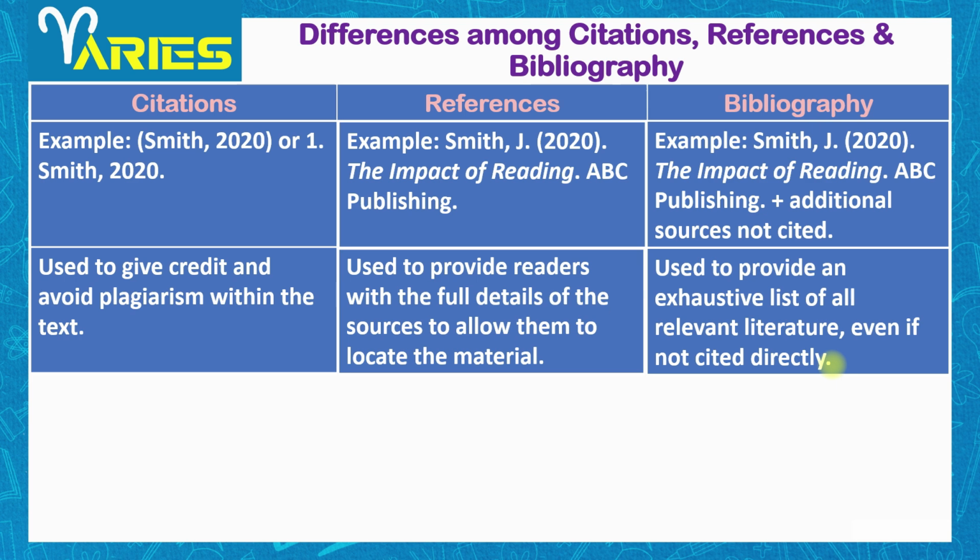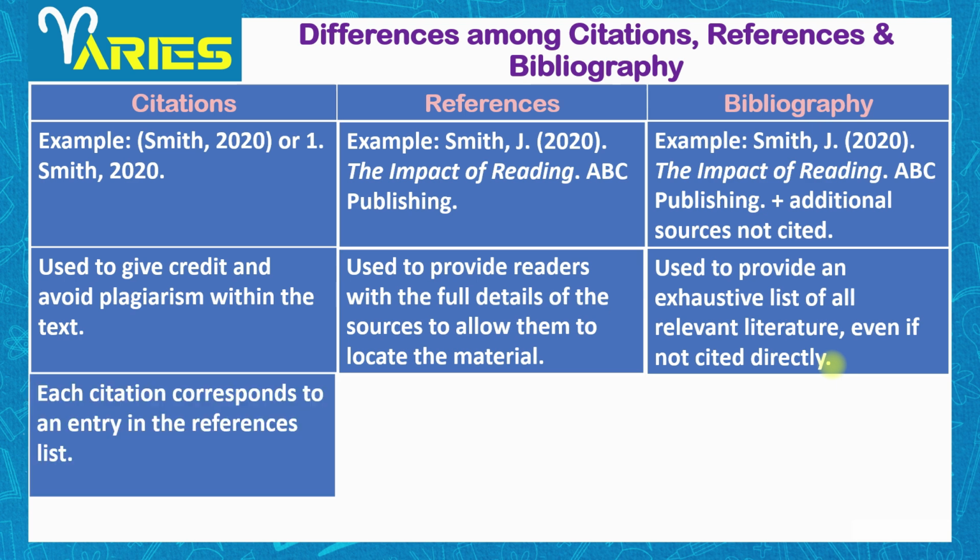So the reader may come to know that the researcher has consulted these many resources in order to write this research paper. And in citation, each citation corresponds to an entry in the reference list. So every citation will go in the reference list.